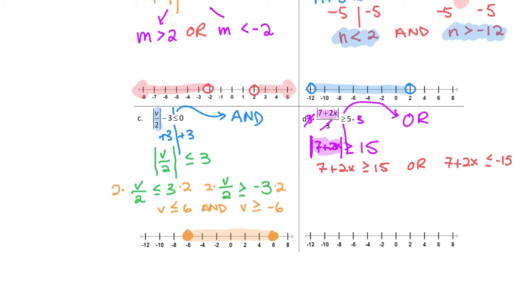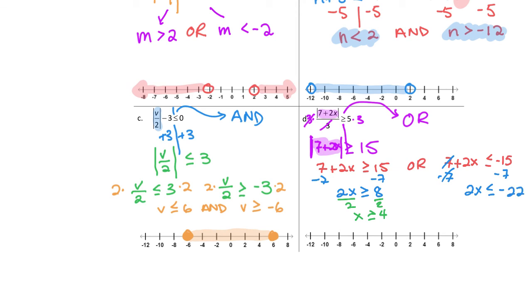Let's go ahead and solve the first one. Subtract 7 from both sides. We get 2x is greater than or equal to 8. Divide both sides by the 2. And we end up with x is greater than or equal to 4. And we do all the same steps on the other one. Subtract 7 from both sides. We end up with 2x is less than or equal to negative 22.